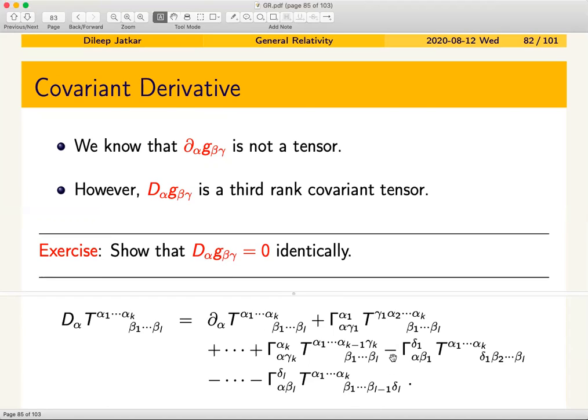And then there are two pieces coming from gamma times g and gamma times g, for each one of these covariant indices. There are two gammas sitting around. Substitute those, replace those gammas by their definition written in terms of g and its derivative, and simplify the expression. You should find that the answer is identically zero.